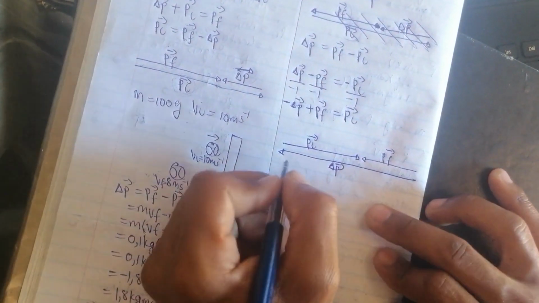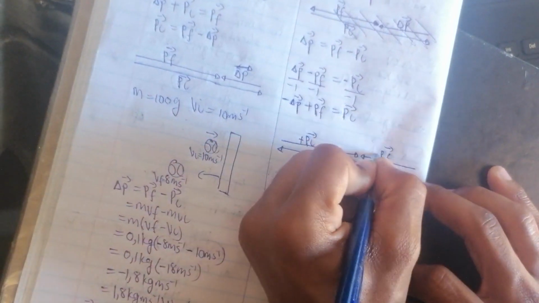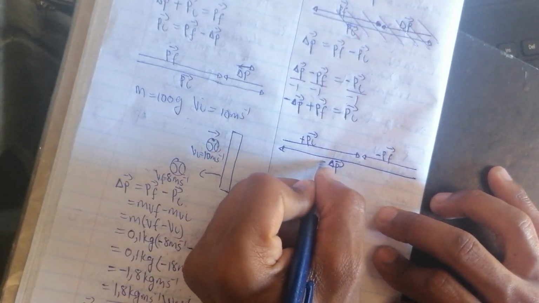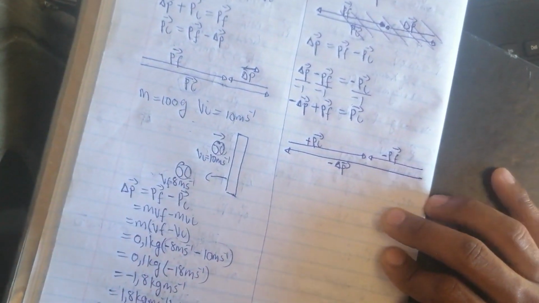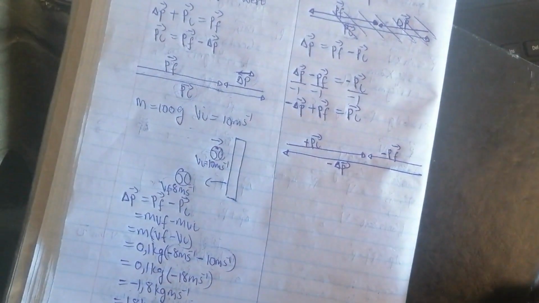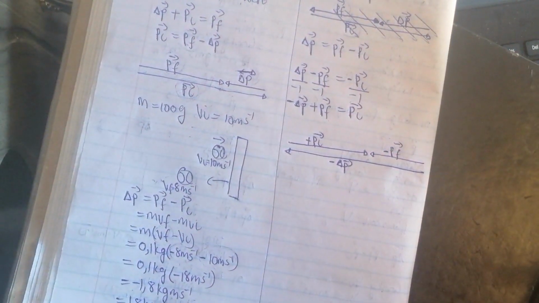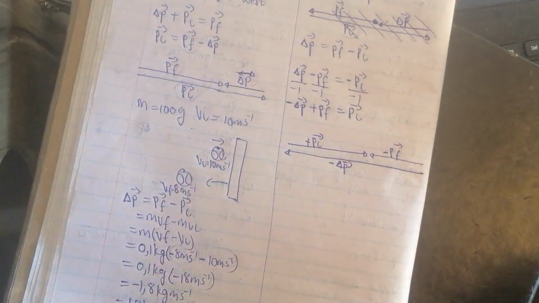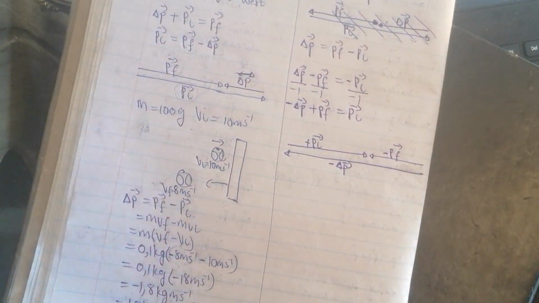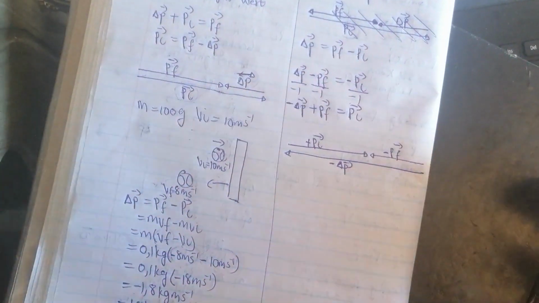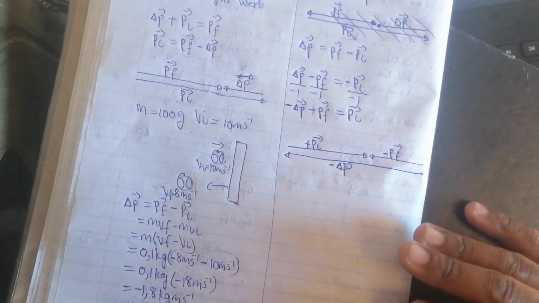So this is positive, this is negative, and this is also negative. So this is a better representation in terms of showing the vector diagram to illustrate the relationship between initial, final, and the change. So it is making sense in this way. It is making a lot of sense.